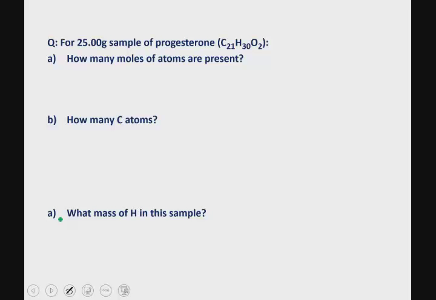Following exactly the same procedure as we did in the previous few examples, the answer for A would be 4.213 moles of atoms. Now, when they say moles of atoms, they are talking about all the atoms. Please note that 1 mole of this compound has a total of 53 atoms.